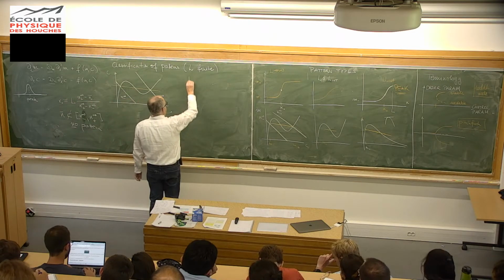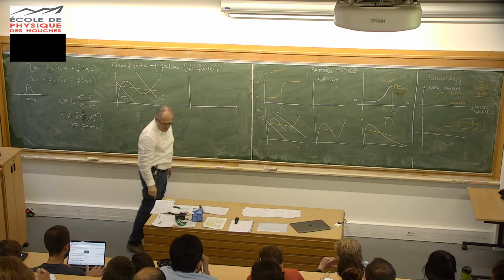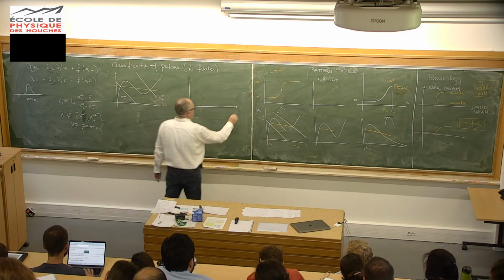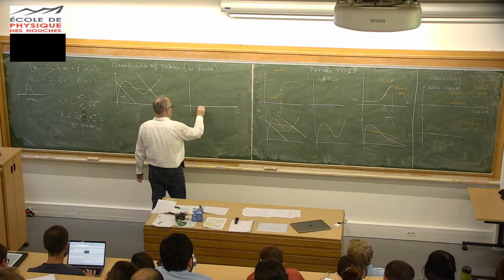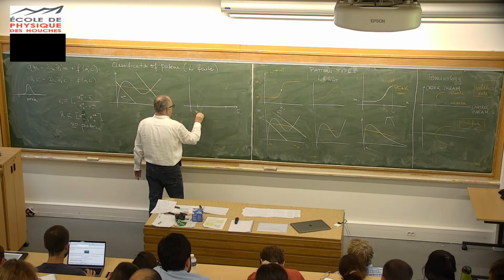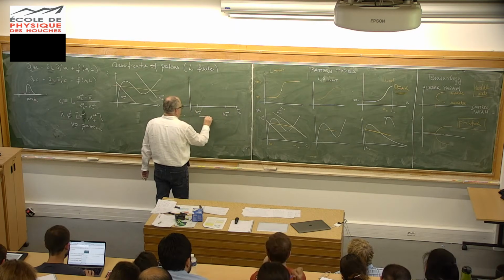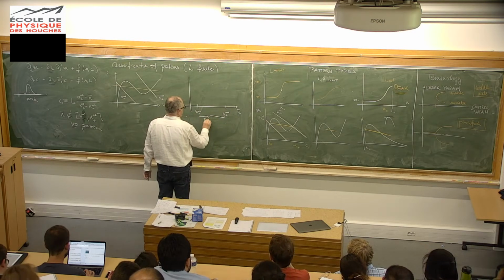So now as you draw this in a diagram where on the axis you plot n bar, there will be a window between n minus infinity and n plus infinity where you do have patterns.